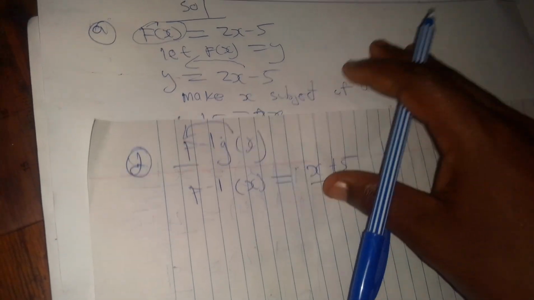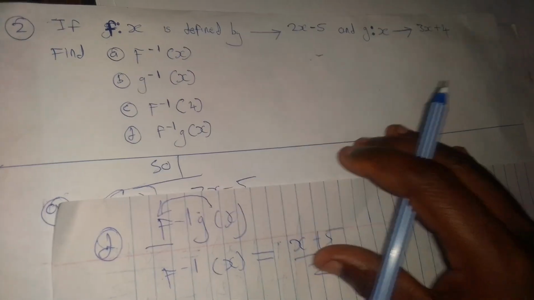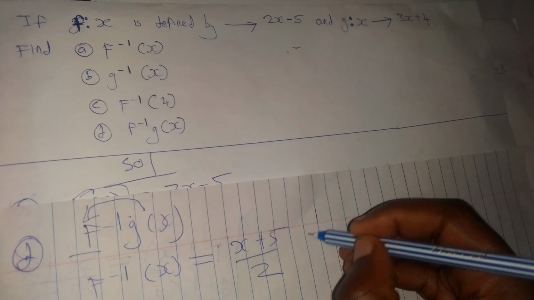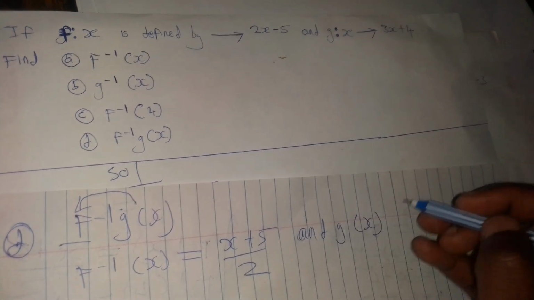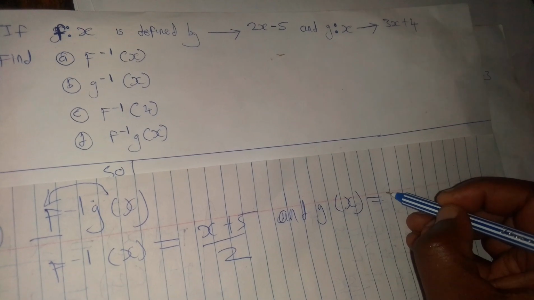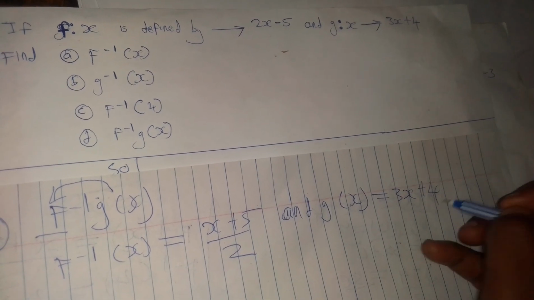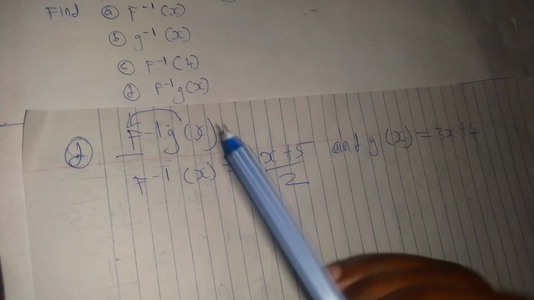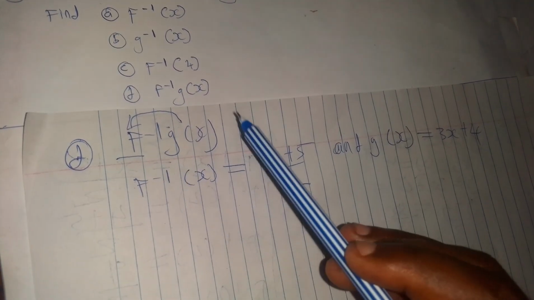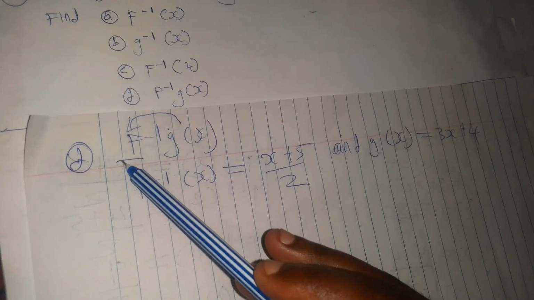Then after that, you have to know your g of x. So g of x is there, which is 3x plus 4. Now, when questions are like this, remember you are finding f inverse g of x. It means this g is going into that.